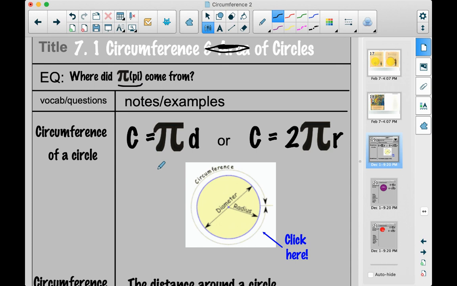Okay, so way back in the day, the Greeks would look at things that were circular and they'd do some measurements to try to understand them better. And one thing that they noticed is that when they had a circle and they measured all the way around that circle, and then they measured the diameter of that circle and divided those two things, so the circumference divided by the diameter, they always got this number, 3.14, and it kept going.